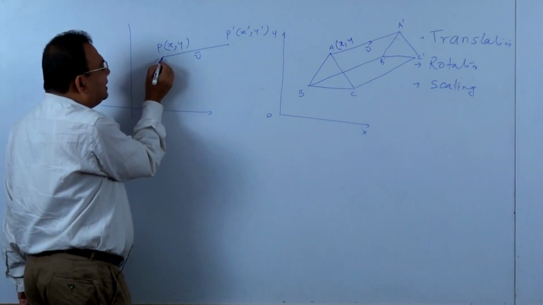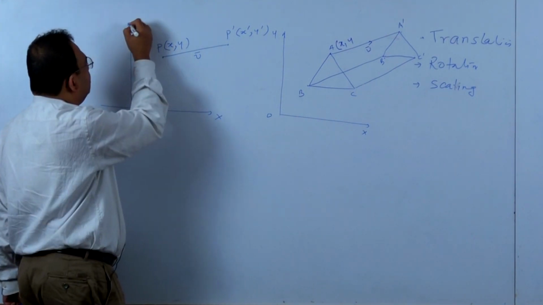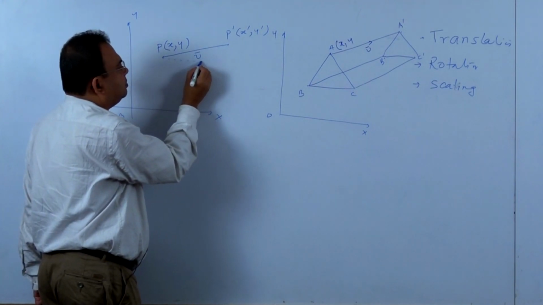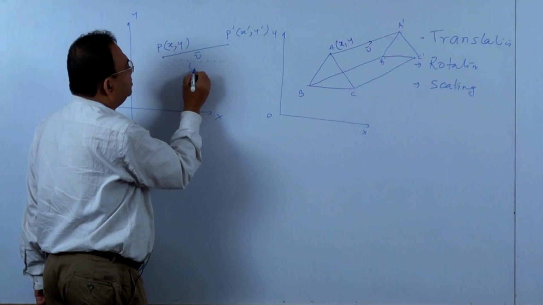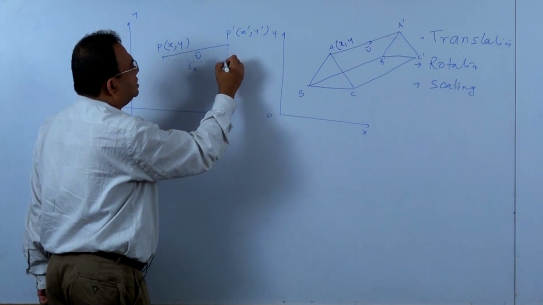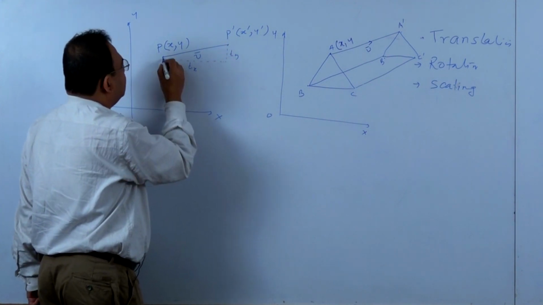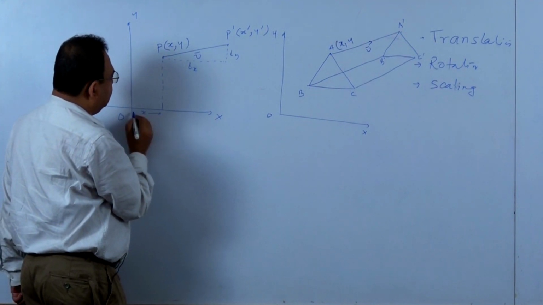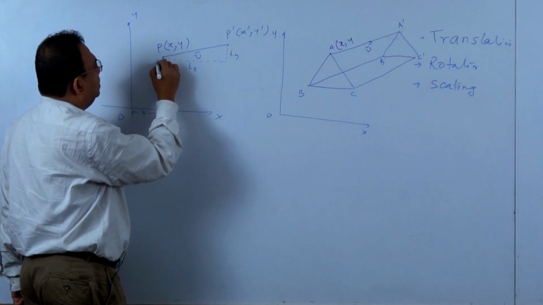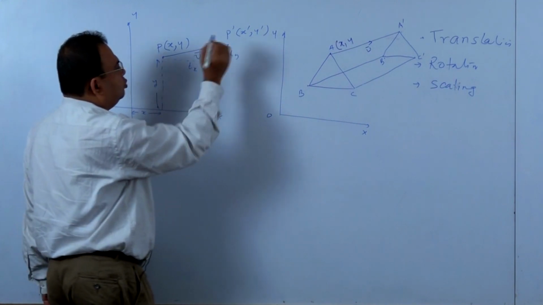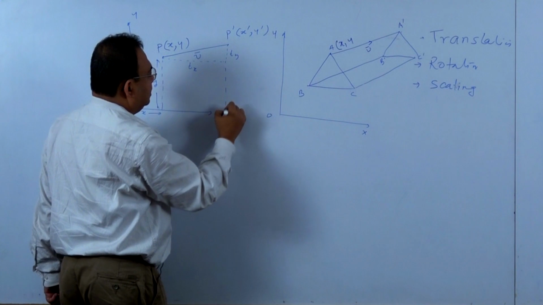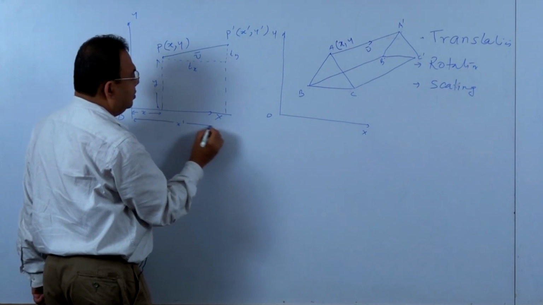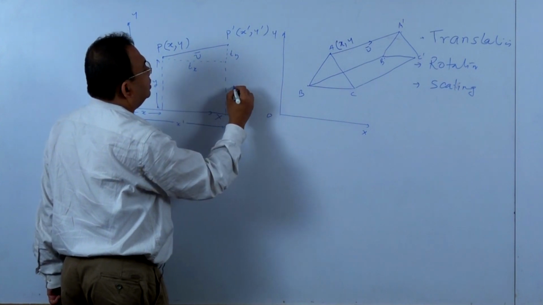Now let this be the x direction, this the y direction, this the origin. So the x direction translation is represented by this tx, and the y direction translation is represented by this ty. This is x, this is y, and this is the new position x dash, and this is y dash.